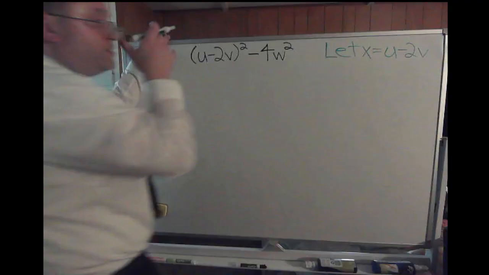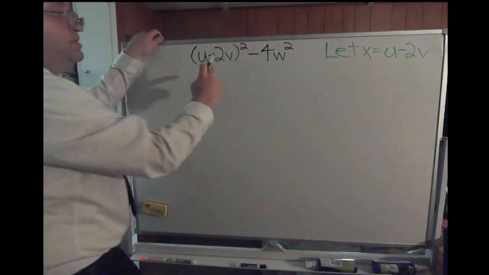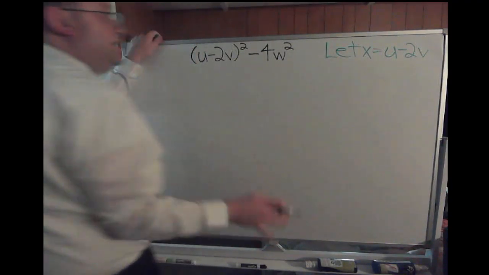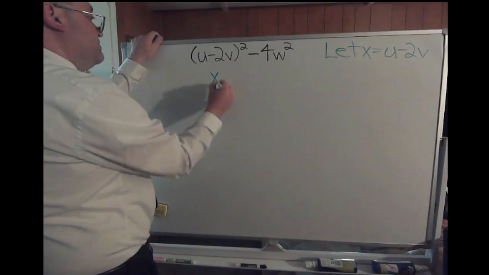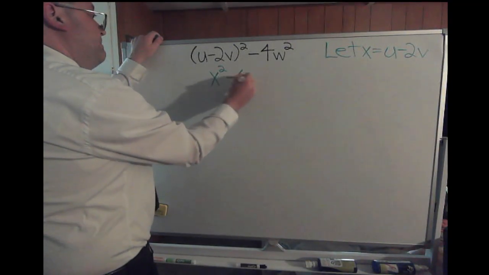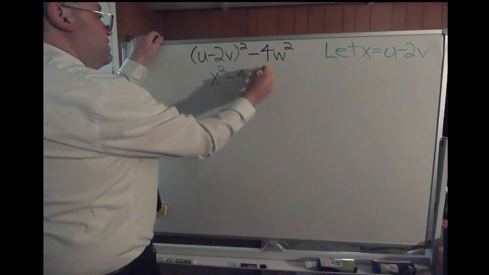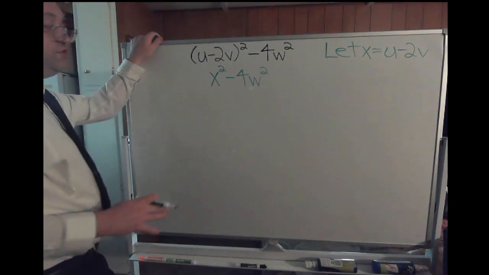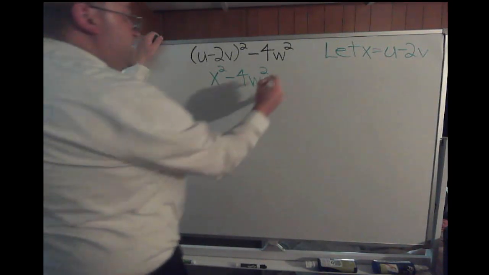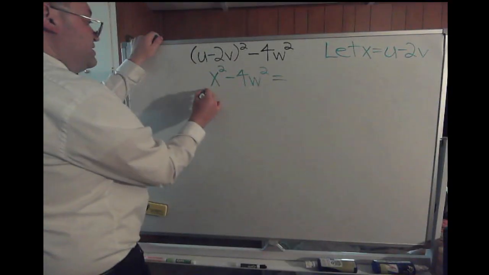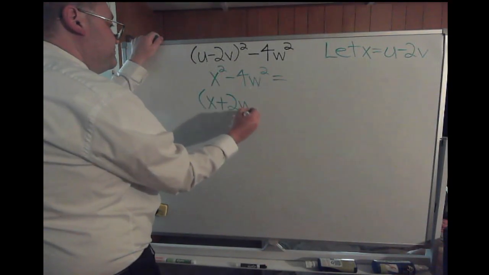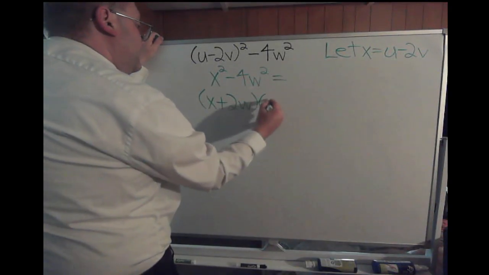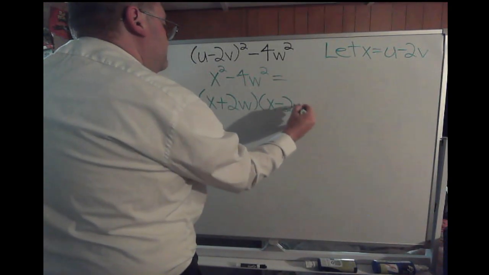Basically, just pick another variable and substitute for the u minus 2v. I'm going to say let x equal u minus 2v, so what you'll get now is x squared minus 4w squared. That makes your difference of two squares much easier to work with. So when we factor this, you'll get x plus 2w times the quantity of x minus 2w.